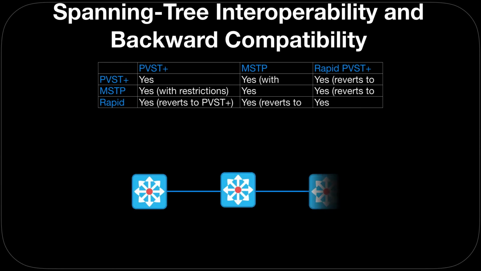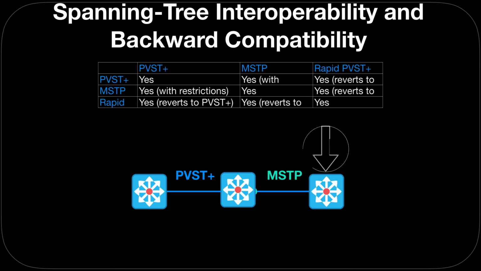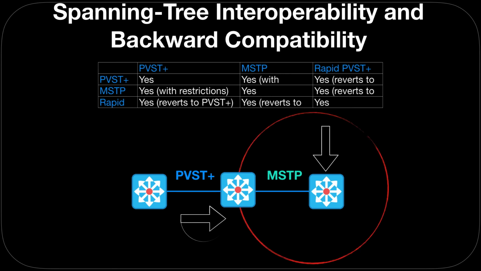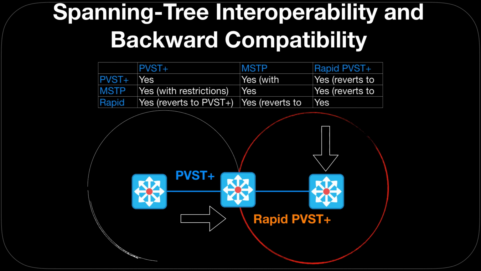Spanning tree interoperability and backward compatibility. In a mixed MSTP and PVST+ network, the common spanning tree, CST, root must be inside the MST backbone, and a PVST+ device cannot connect to multiple MST regions. When a network contains devices running Rapid PVST+ and devices running PVST+, we recommend that the Rapid PVST+ devices and PVST+ devices be configured for different spanning tree instances.